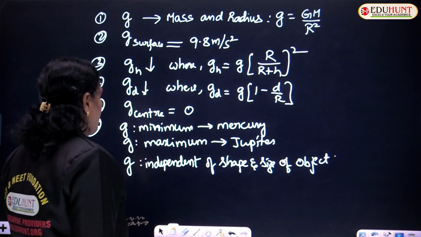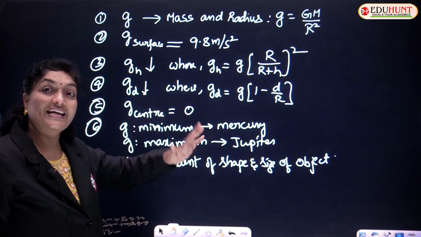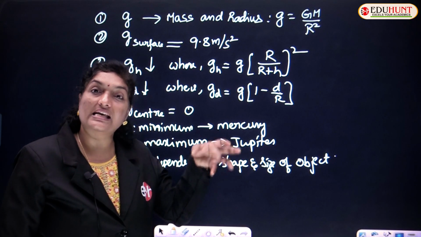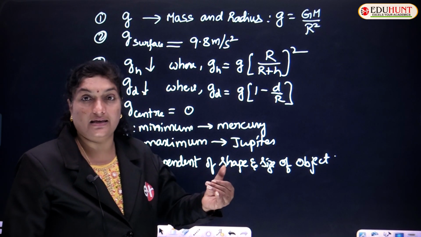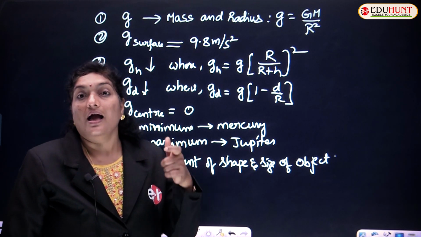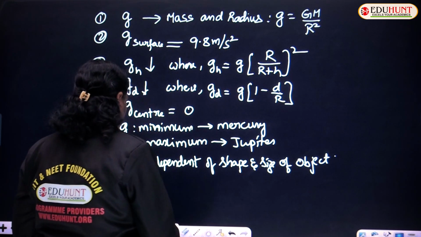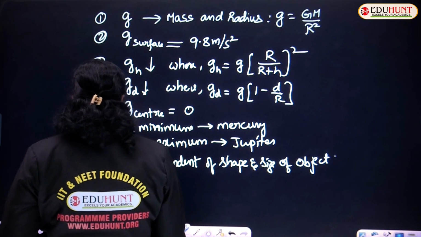Well, children, the rate of decrease in acceleration due to gravity with respect to height is twice as compared to the rate of decrease in acceleration due to gravity with respect to depth. Okay, so one more thing.